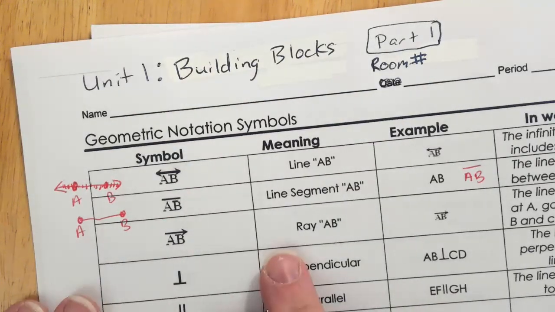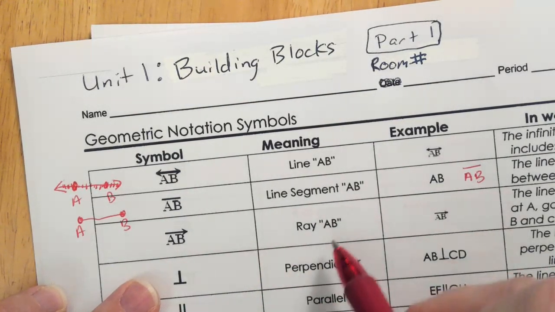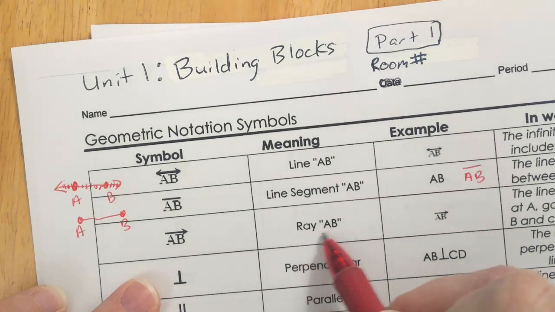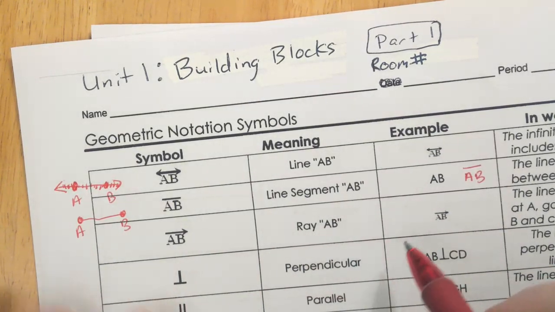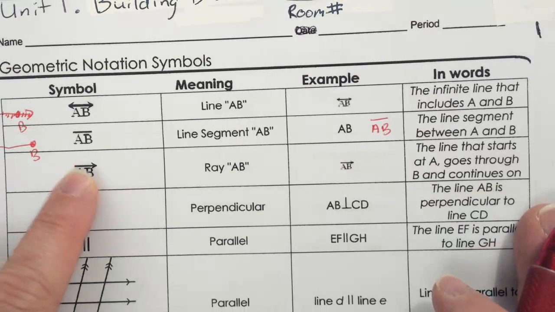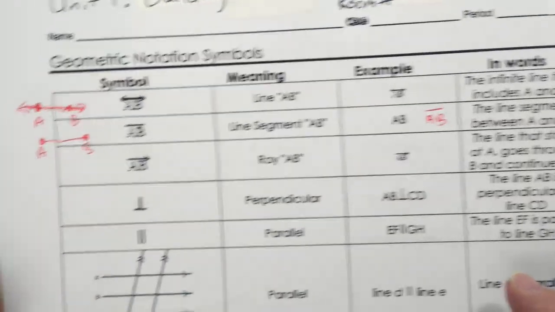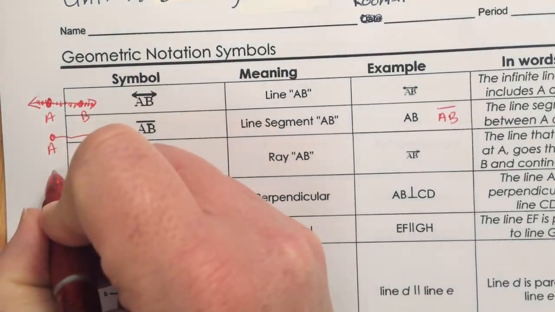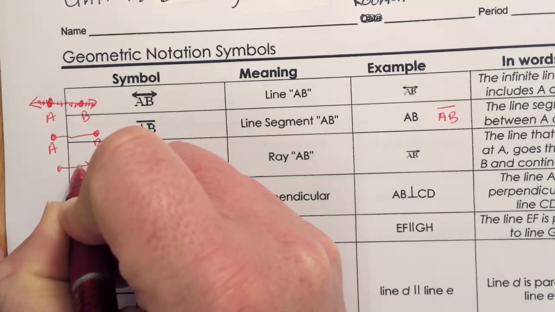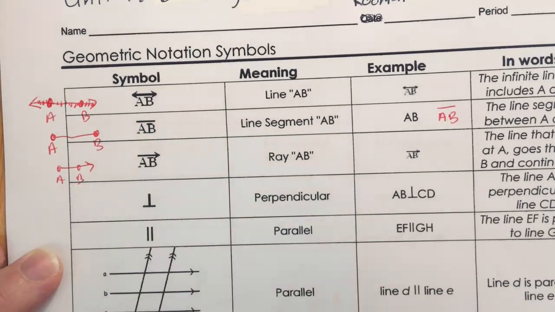Okay, another one is ray AB. If I say ray AB, I start at A and keep going through B. So it starts at A and shoots through B, right there.